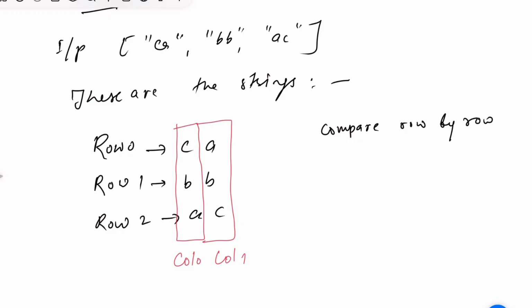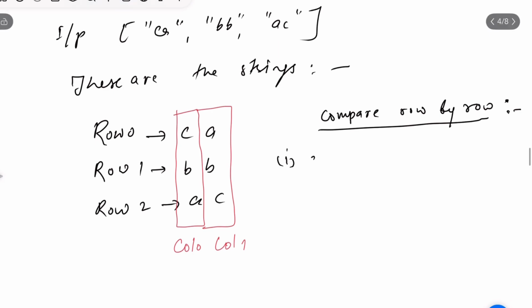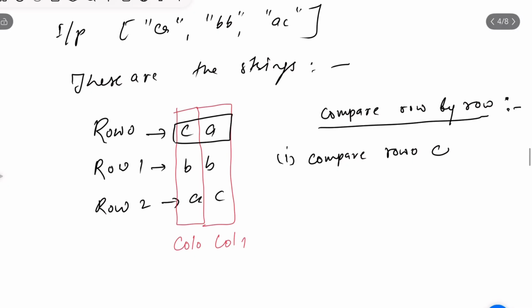So if we want to compare row by row, what do we need to do? First compare row 0, which is CA, with row 1, which is BB.